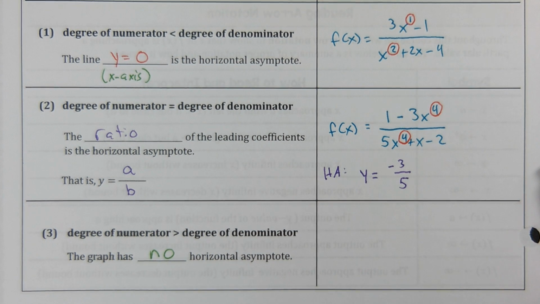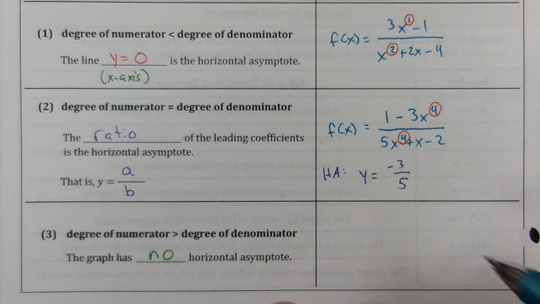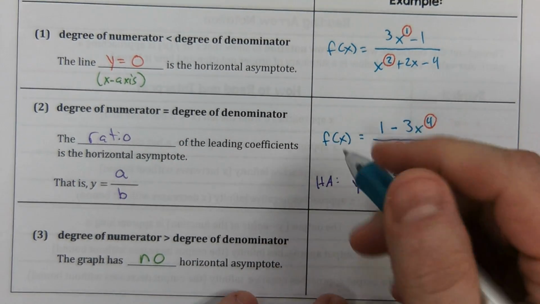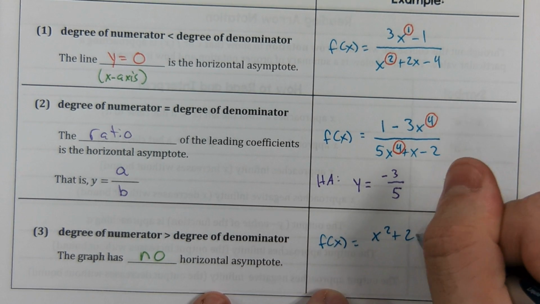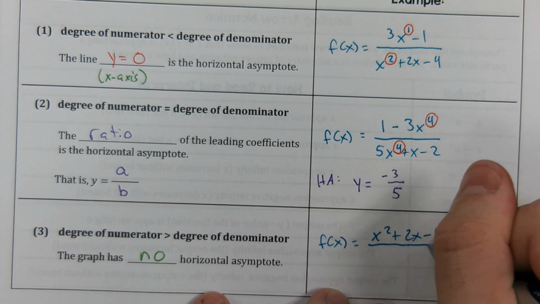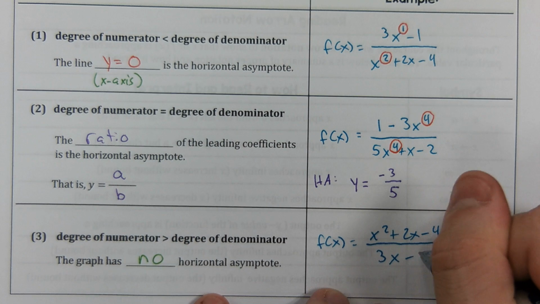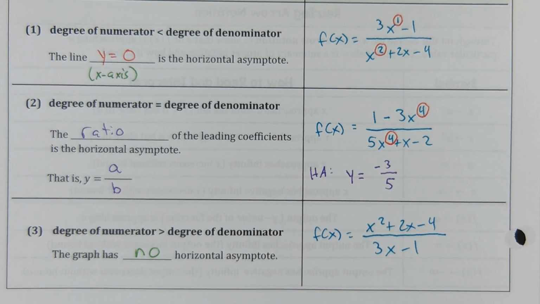It'll have something else, but it won't be a horizontal line as an asymptote. Here's an example. How about we take this one that I started with and I flip it upside down? This has no horizontal asymptote because the degree of the numerator is bigger than the degree of the denominator.